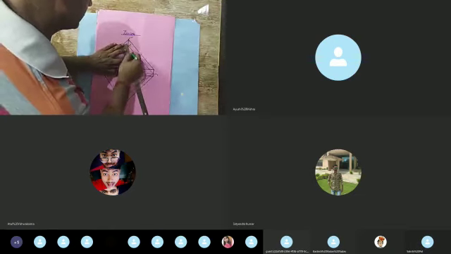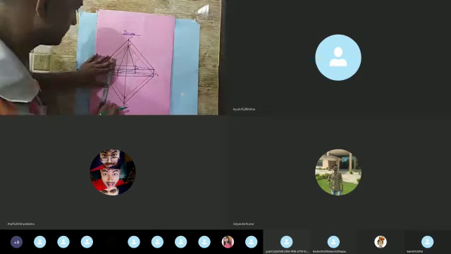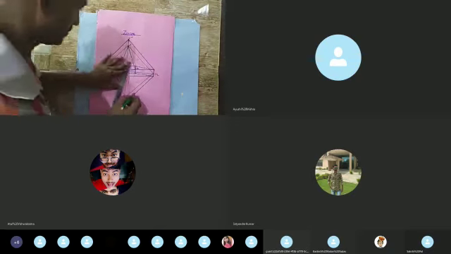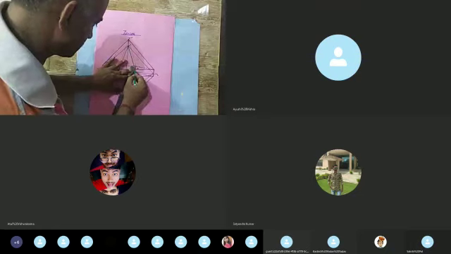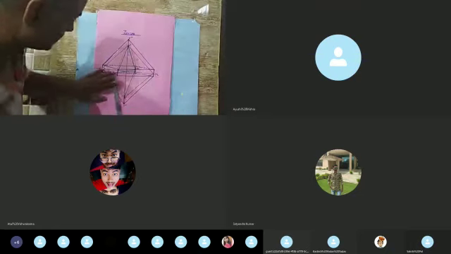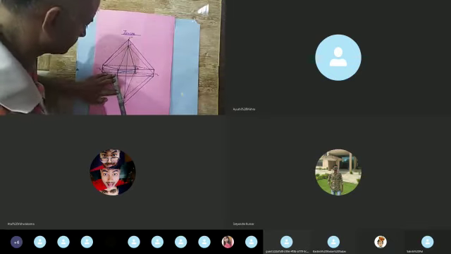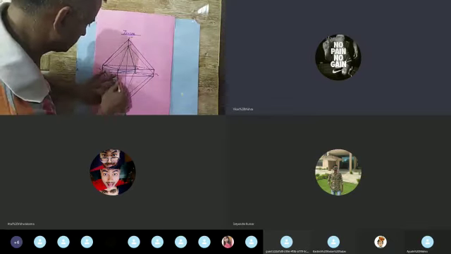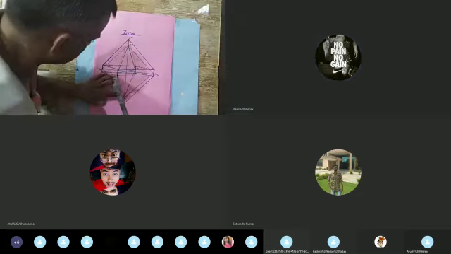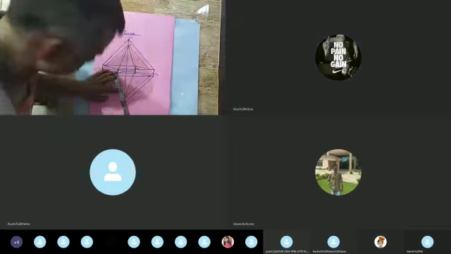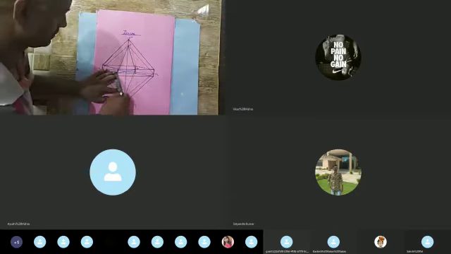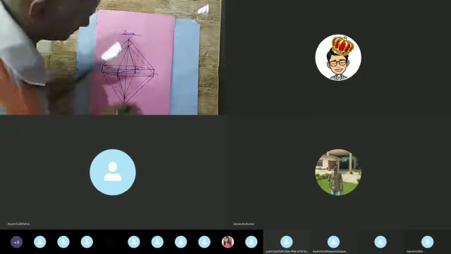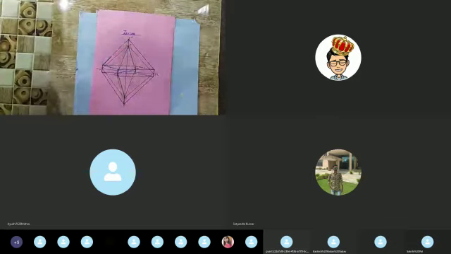This is the midpoint of plus A1. So this is the construction of zircon. If there is any query, you can ask me.